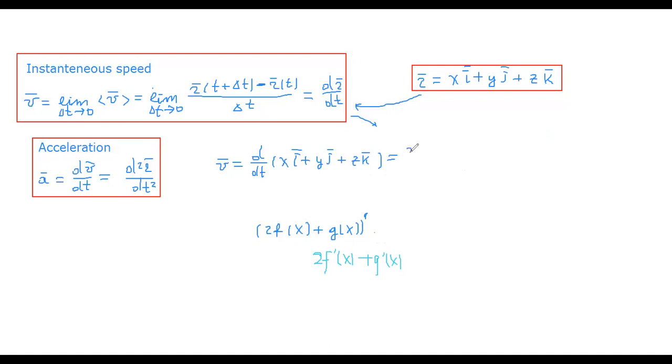So we can write it like this: dx by dt i plus dy by dt j plus dz by dt k.